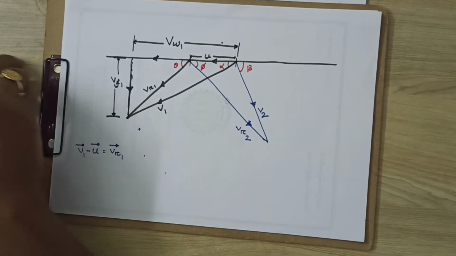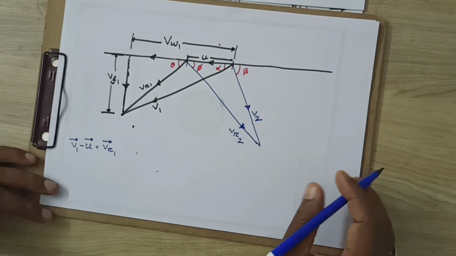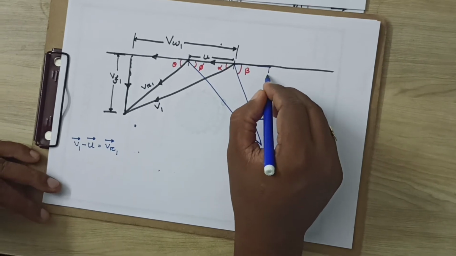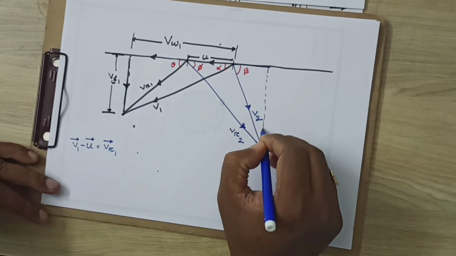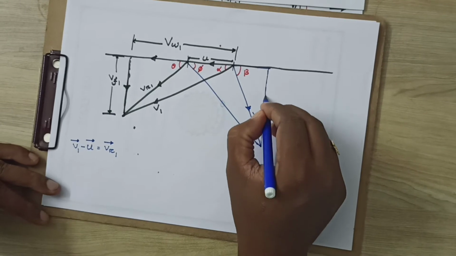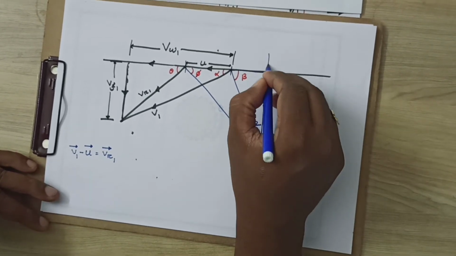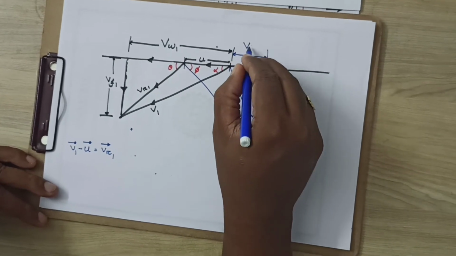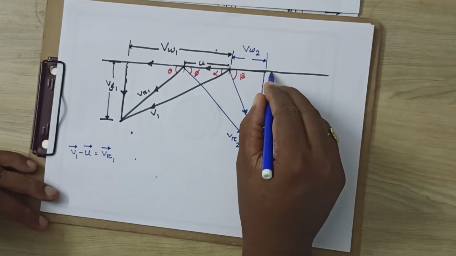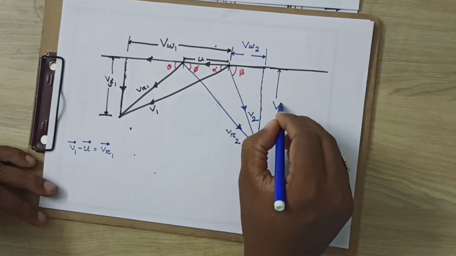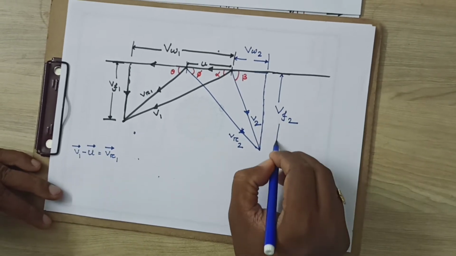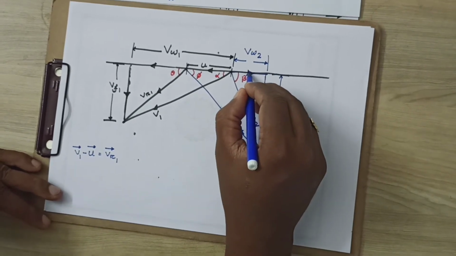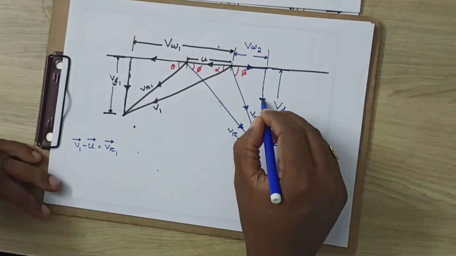At the exit point also the whirl component and flow component are Vw2, and this portion is Vf2. And this will be the direction.